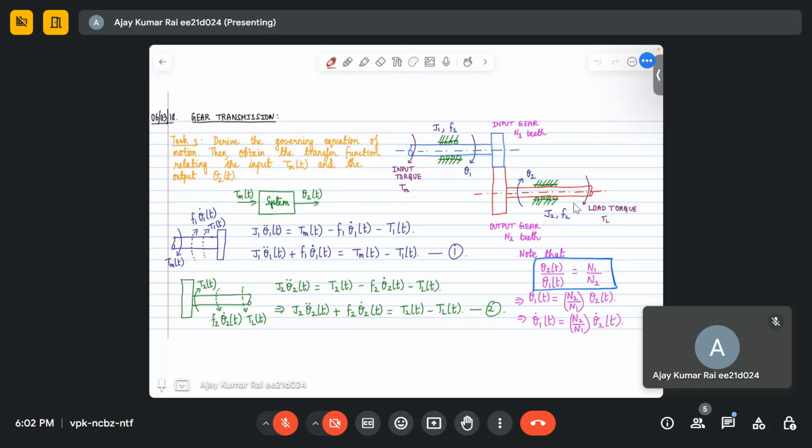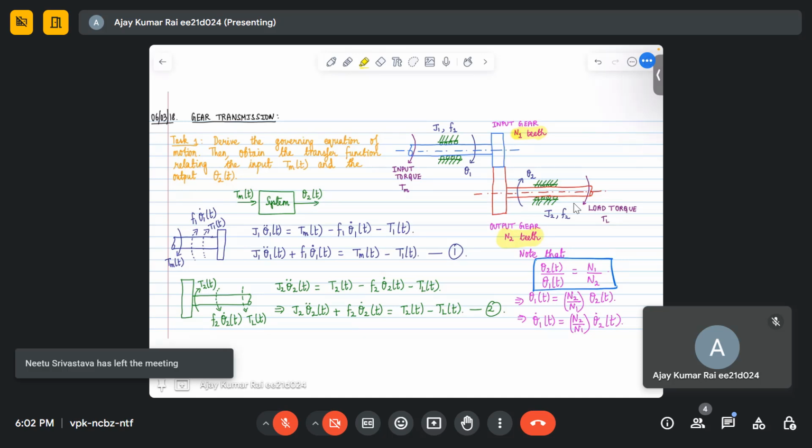We had two shafts, an input shaft and an output shaft, coupled with a gear. We have an input gear of N1 teeth and an output gear with N2 teeth. What we are trying to do is develop the transfer function. This is actually the plant, so we are trying to develop the transfer function between output and input.